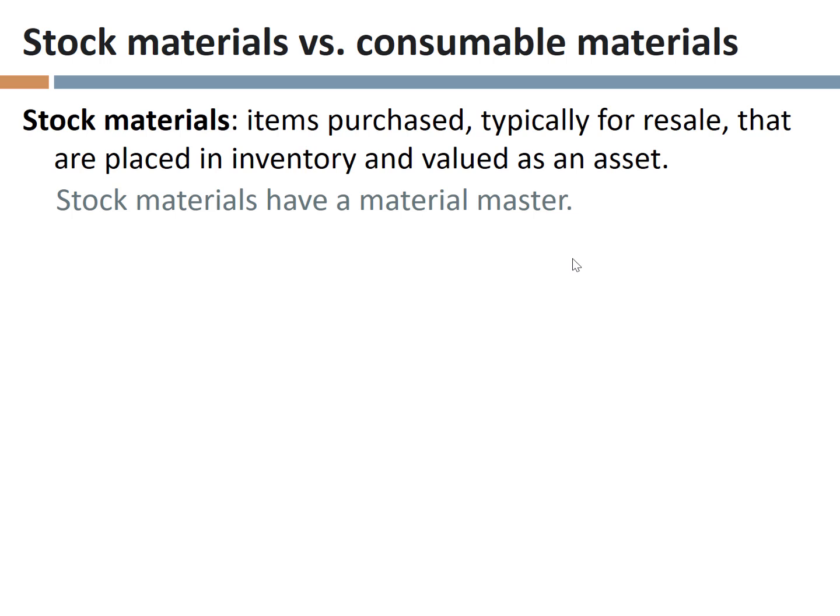Anything that we are going to value as an asset has a material master associated with it. And this would include things that we just have one of, such as an asset like a truck or a piece of manufacturing equipment. But any material that we are going to value as an asset will have a material master record associated with it.